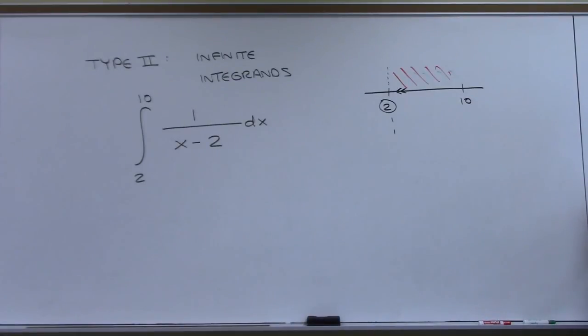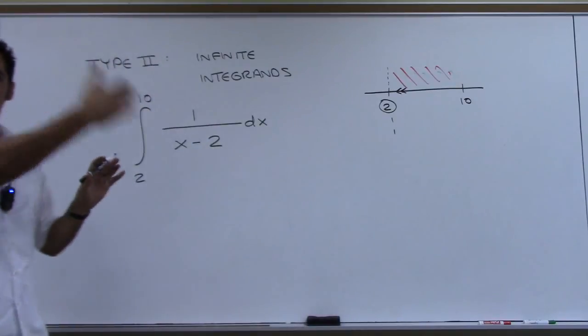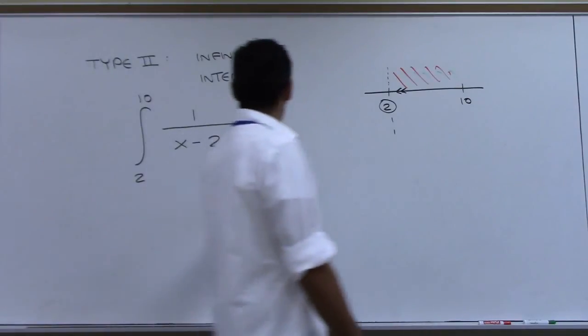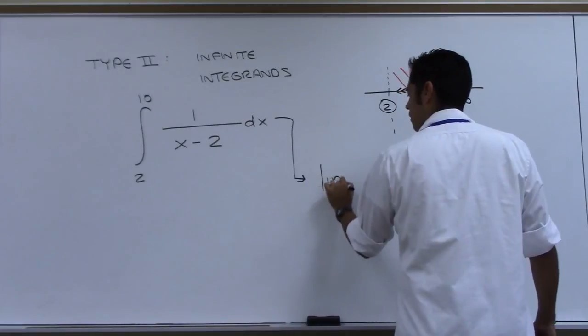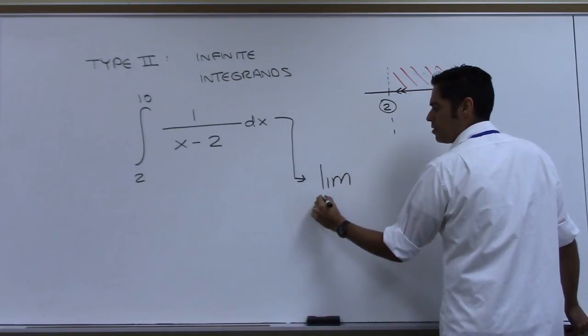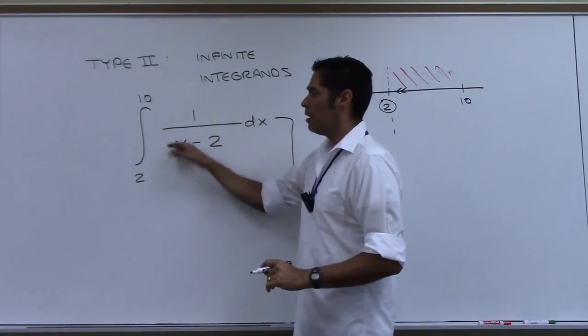So when I write my limit, I can't just write limit x approaches 2. I have to actually approach 2 from a certain side. See if you can guess what this will be. Limit, what do you think? Be careful, we can't use x because x is the variable in here.